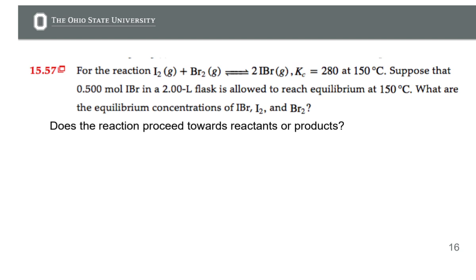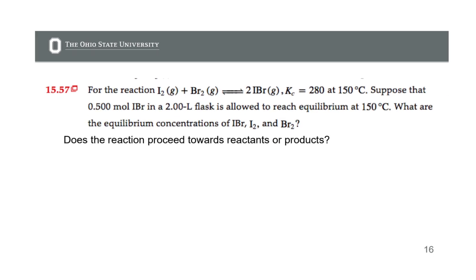All right, so we're going to do this example. It looks like it's mathy, but we're going to skip the mathy bit, okay? You can do the math on your own, but I want you to look at this example. We've got a reaction of I2, iodine, plus bromine forming 2 IBr.